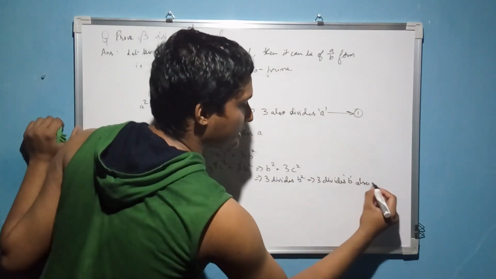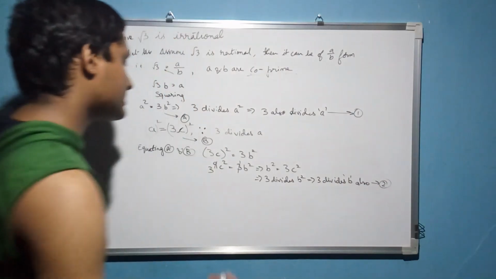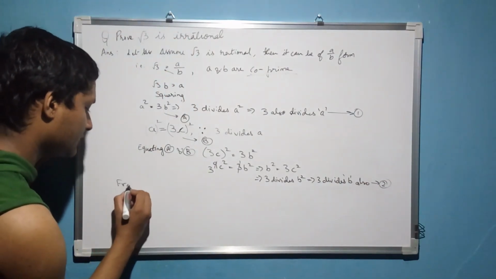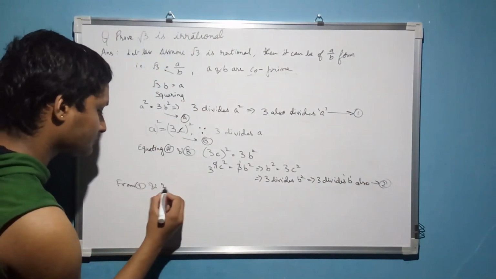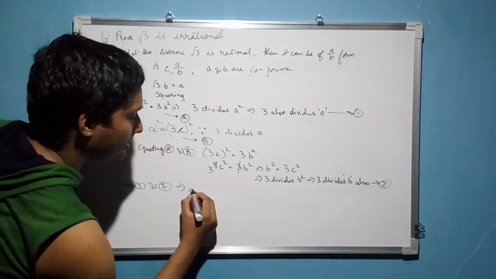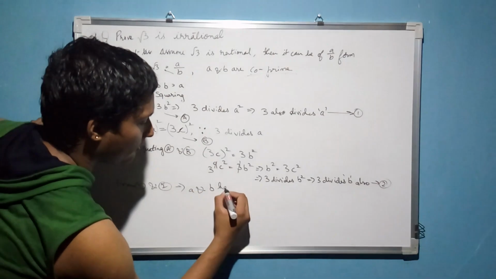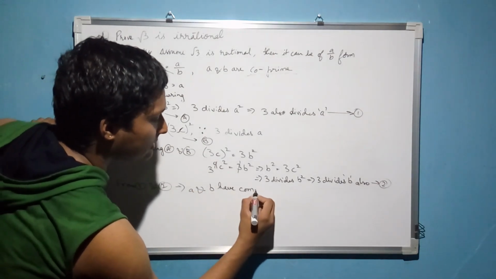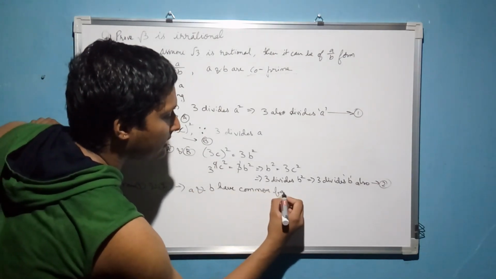Right? This is the first statement, this is the second statement. From statements 1 and 2, we conclude that a and b have common factor 3.